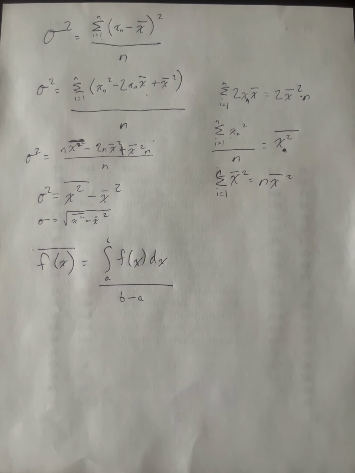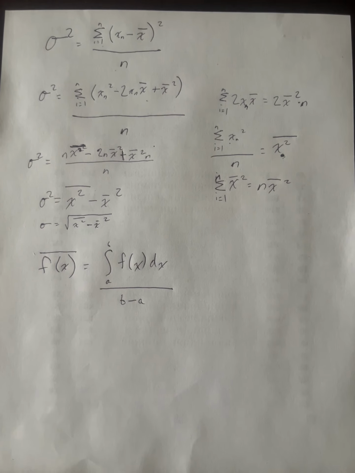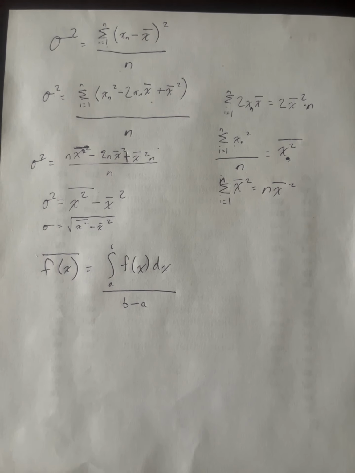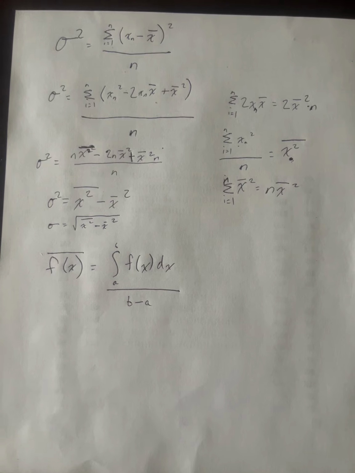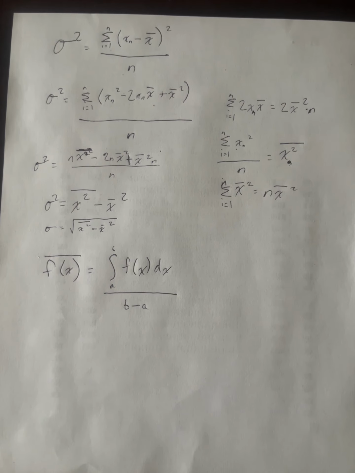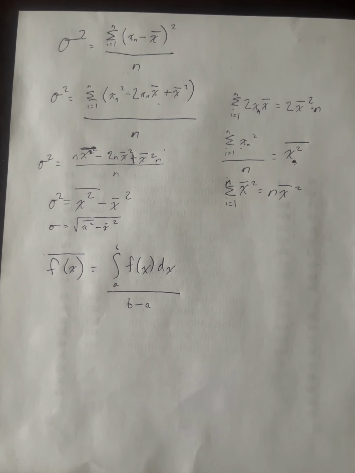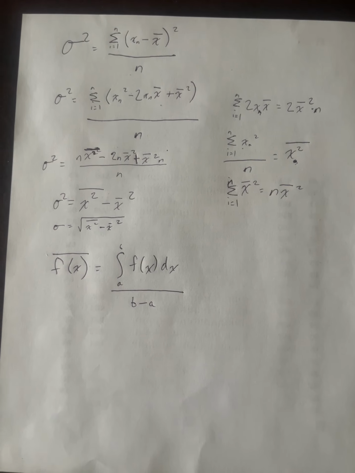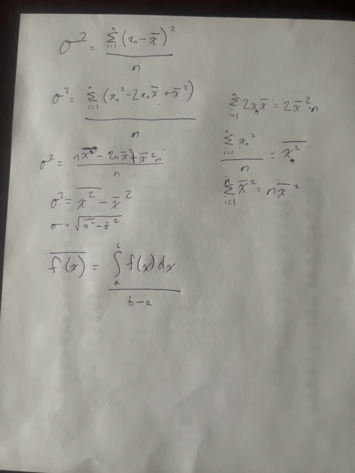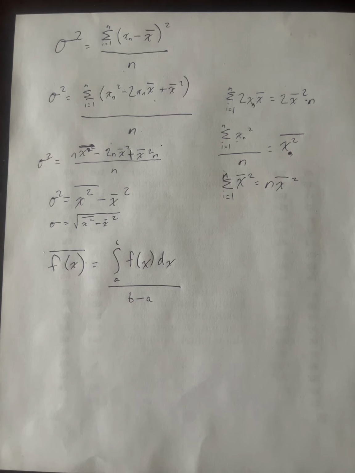Now, how do we calculate the mean of a function? Well, the mean of any function is simply the integral of that function over the interval of a to b divided by b minus a. B and a being arbitrary boundaries, whatever defines the limits of your function.